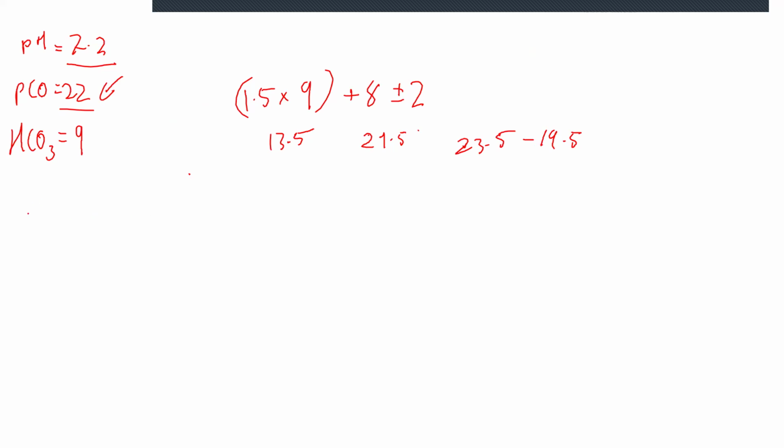Now in our second example, we have a pH of 7.28, a PCO2 of 40, and an HCO3 of 12.